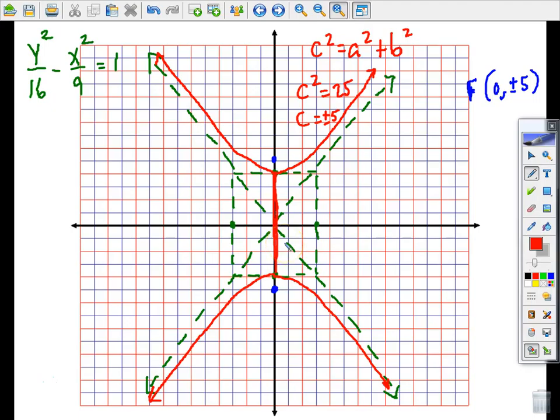That's how you find out what the measurement of the transverse axis is, if you were ever asked. All right? You get it? Make sense? Any questions? That's all I have in the way of graphs. Usually the graphing of these is pretty easy. Just one more time, pay close attention to the variable that comes first, and that's going to tell you which axis you're going to be crossing with your two parabolas.